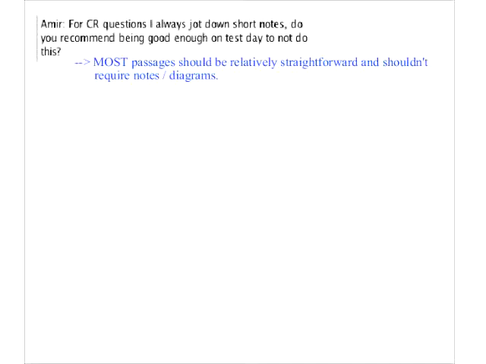It depends on the individual, but a couple of things to consider here. Pro of taking notes and con of taking notes. And then I'll give you an overall opinion here.